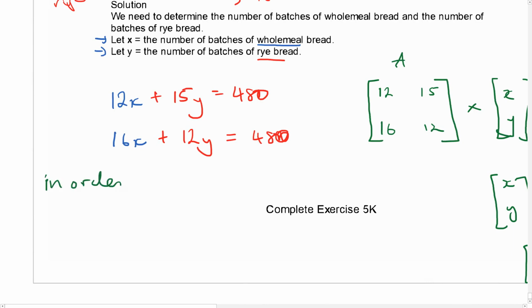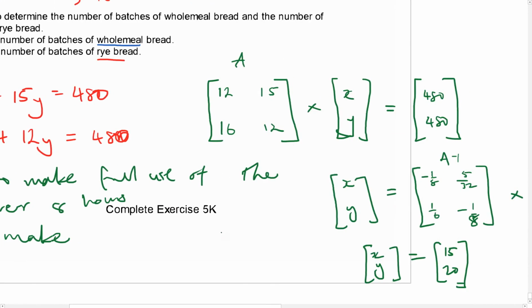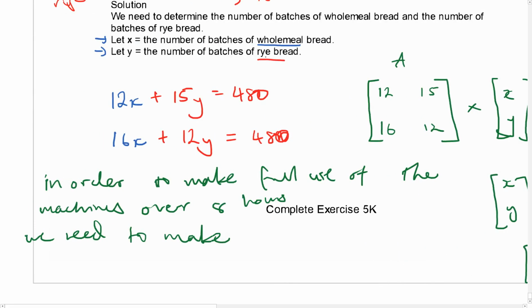In order to make full use of the machines over 8 hours, we need to make, so how much of each bread do we need to make? We need to make 15 of the X. Remember, X represents the wholemeal. So 15 wholemeal. And how much of the rye? We need 20 rye.